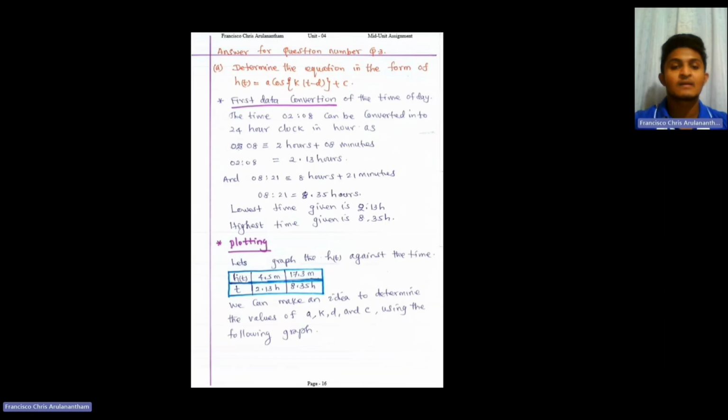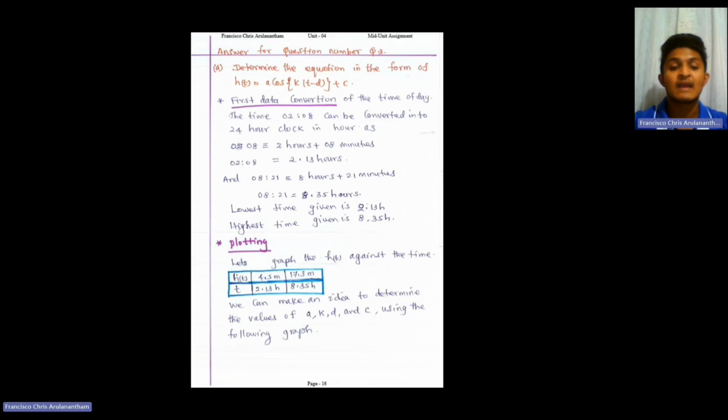First, data conversion of the time of day. The time 2:08 can be converted into a 24-hour clock in hours as 2 hours plus 8 minutes, which is equal to 2.13 hours.